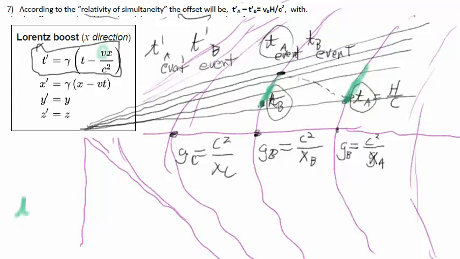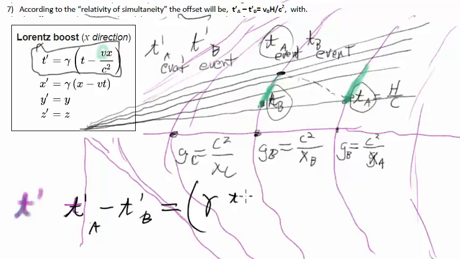t prime. We'll get t prime sub a minus t prime sub b, and then we use the entire equation for both of those. Gamma t minus v x sub a, because x sub a has its own coordinate for that same event, over c squared.